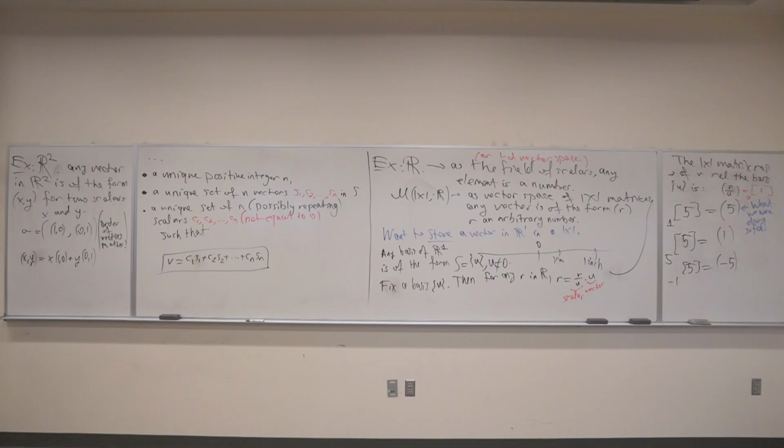Okay, I took my arbitrary vector and expanded it using basis vectors relative to the basis I chose. Now I have a bunch of scalars. Those scalars I'm going to put in a 2 by 1, and that's going to be my matrix representation.